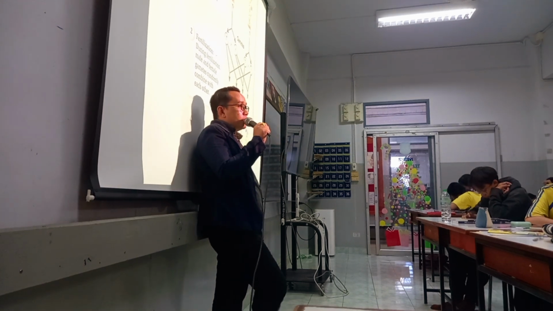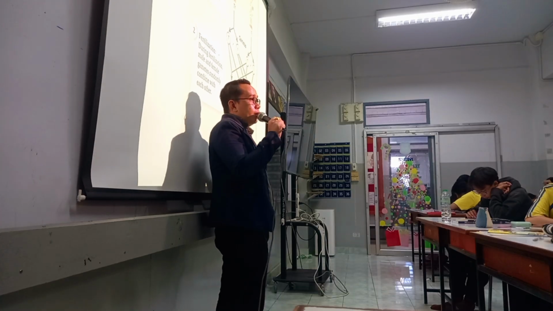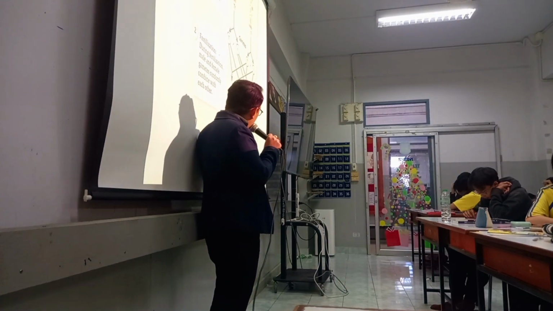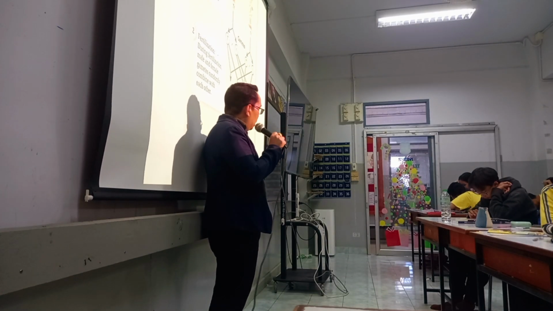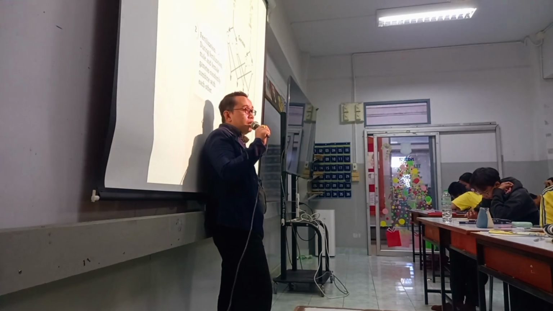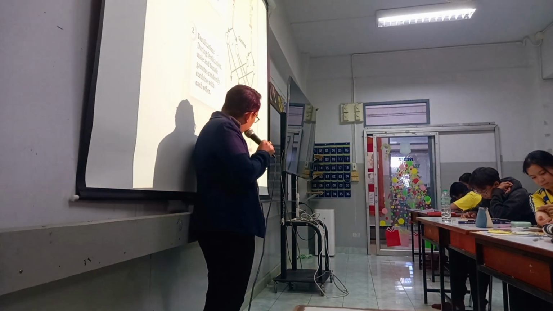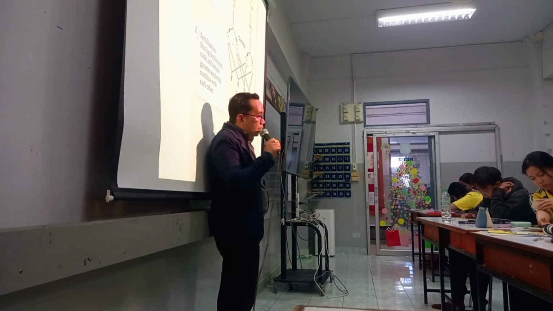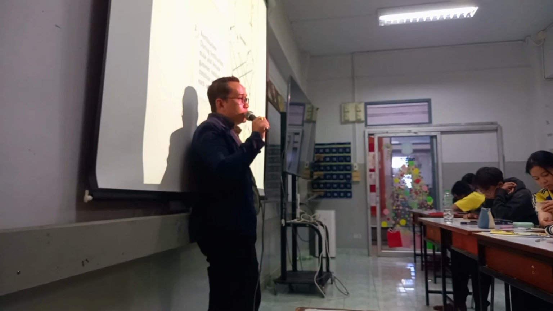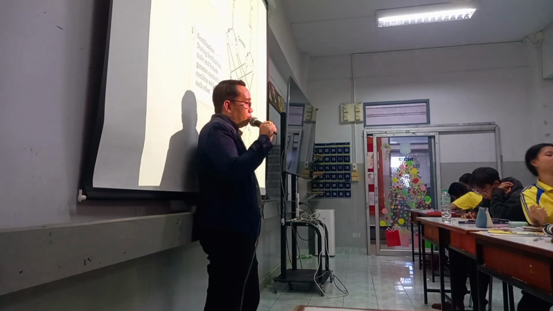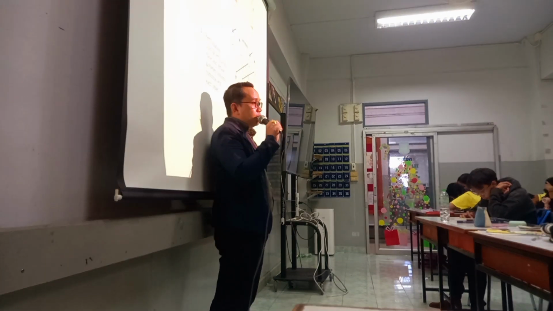When we talk about the percentage of this genotype, there were 3 tall offspring of this plant gamete. So 1, 2, 3, we have 25% times 3, that will be 75% as a whole.